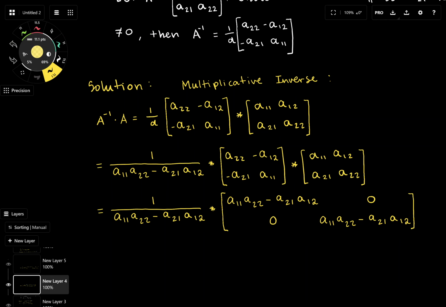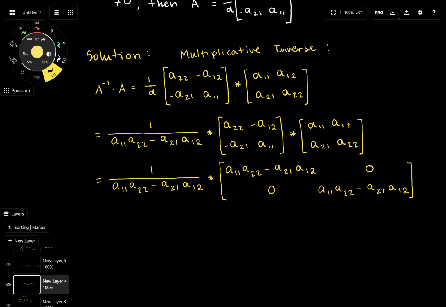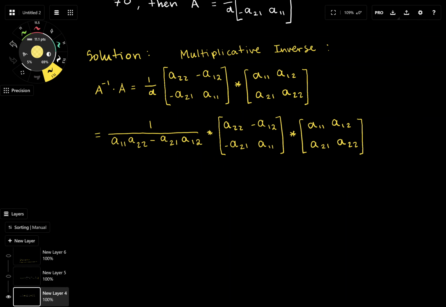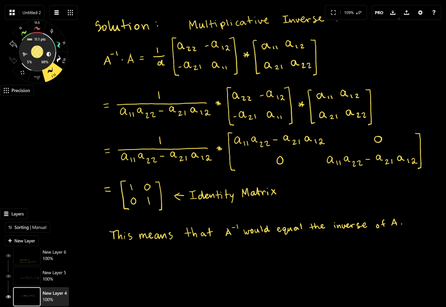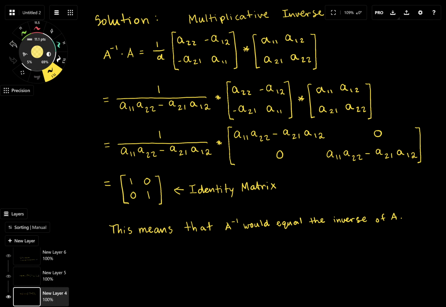And then the next step is you want to multiply it by 1 over D. And this, I wouldn't say cancels out, but it makes it into a simplified identity, which can be written as the identity matrix of 1, 0, 0, 1.